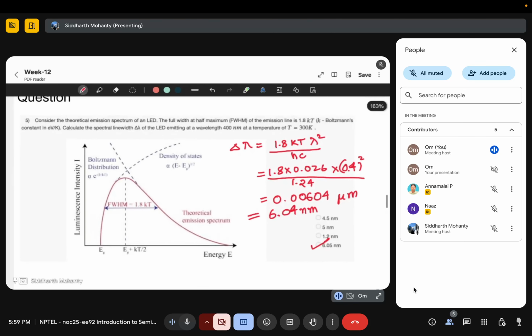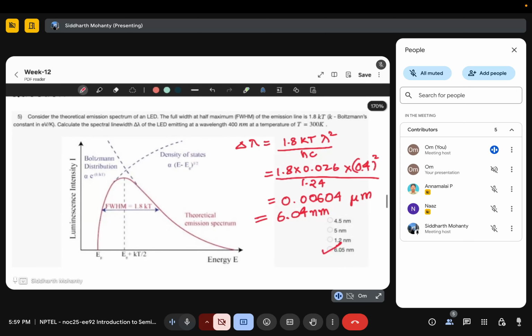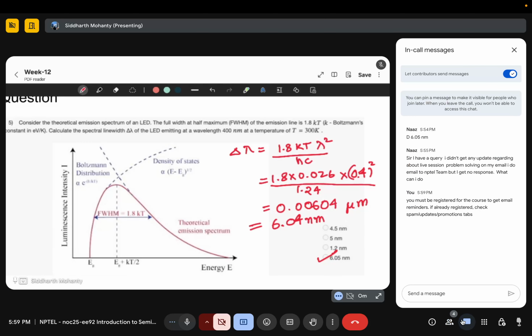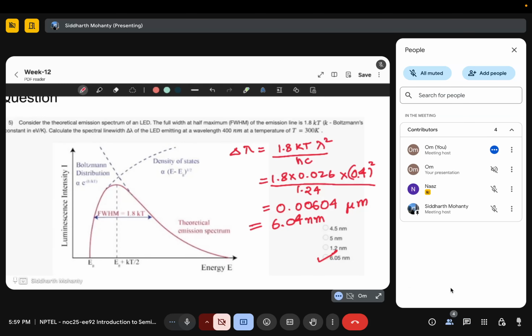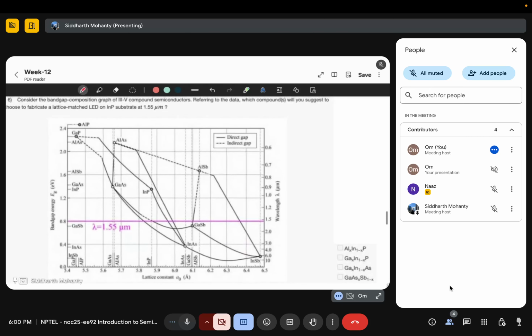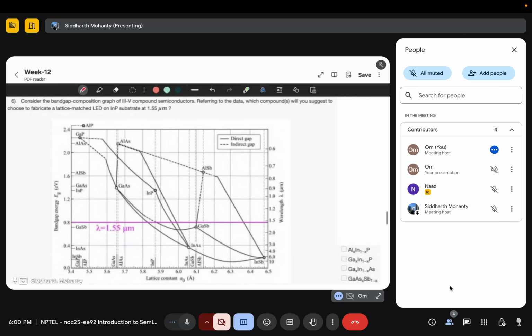I hope you are all getting the same answer, which is about 6.05 nanometers. Okay, so let us go to the next one. Please attempt this question, then we will solve it.